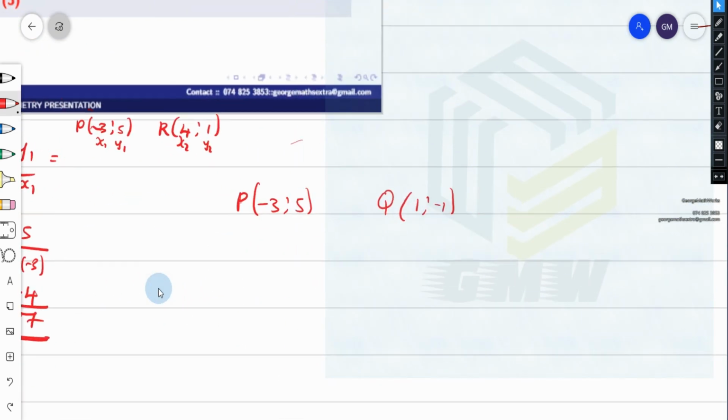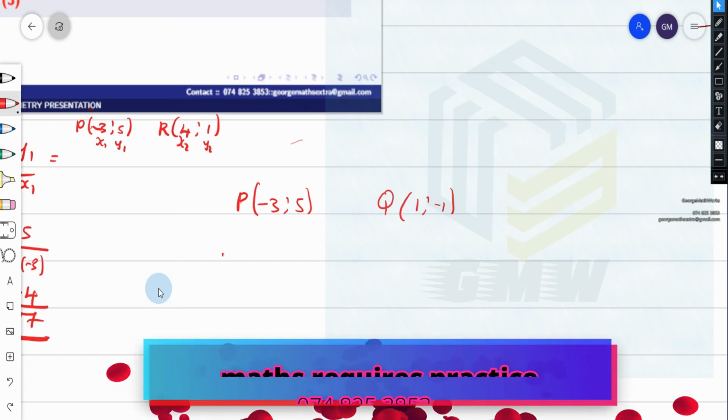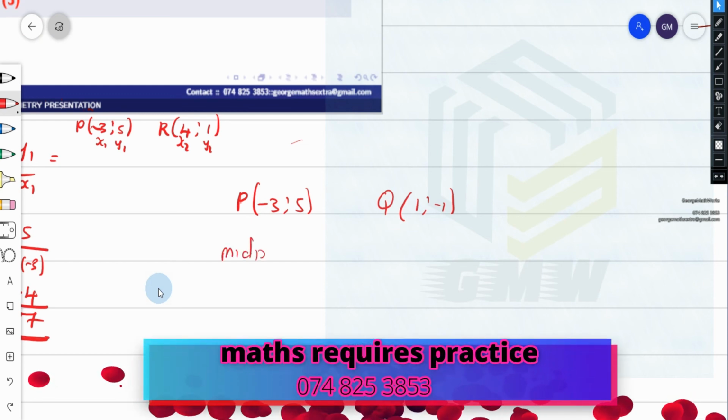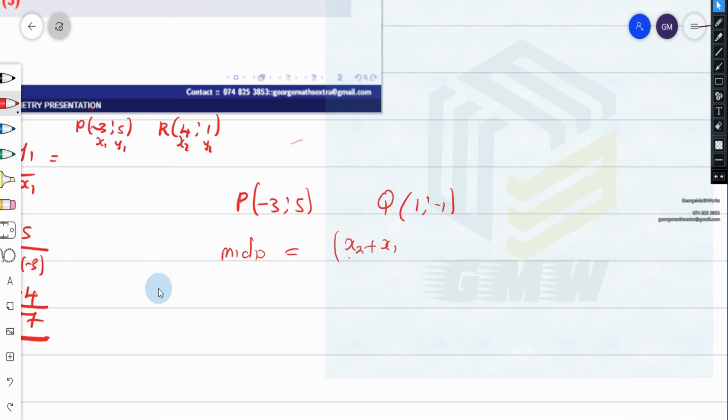So the midpoint, from the notes we said, is given by x2 plus x1 all over 2, then y2 plus y1 all over 2. So in this case, I'm going to have minus 3 plus 1 all over 2, then 5 minus 1.